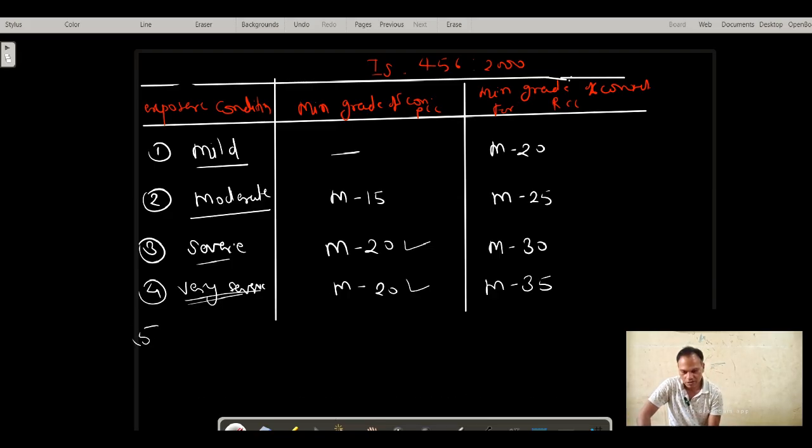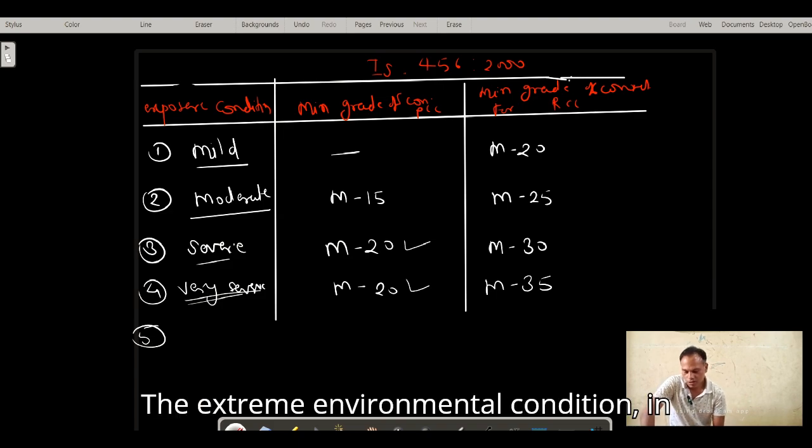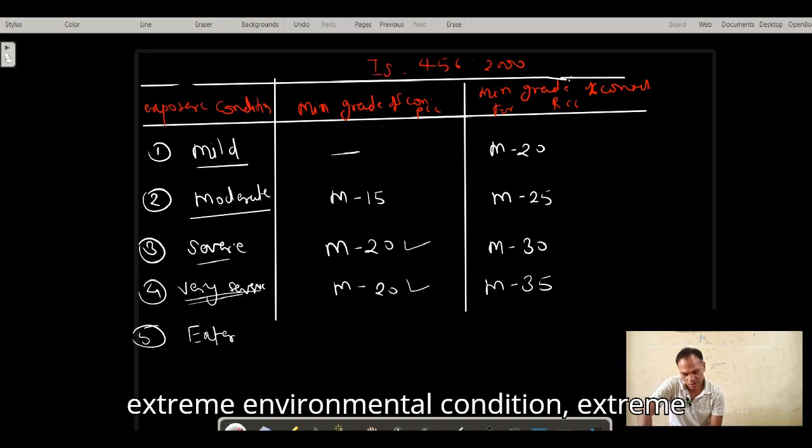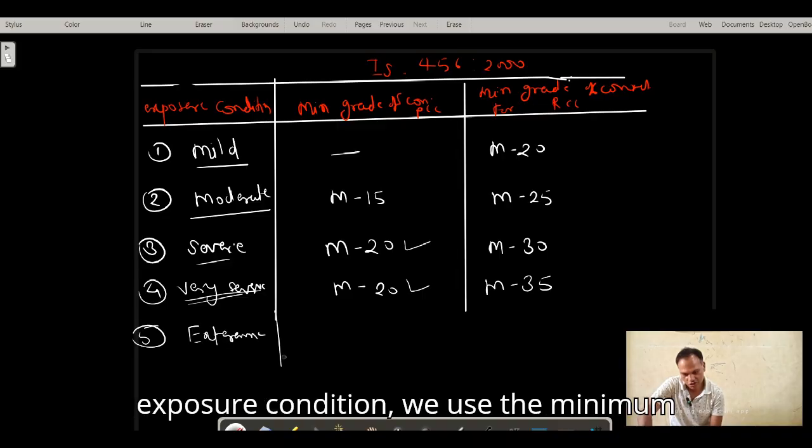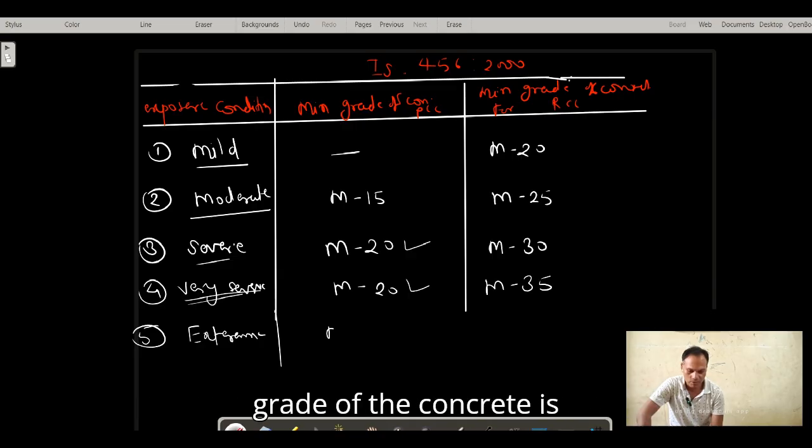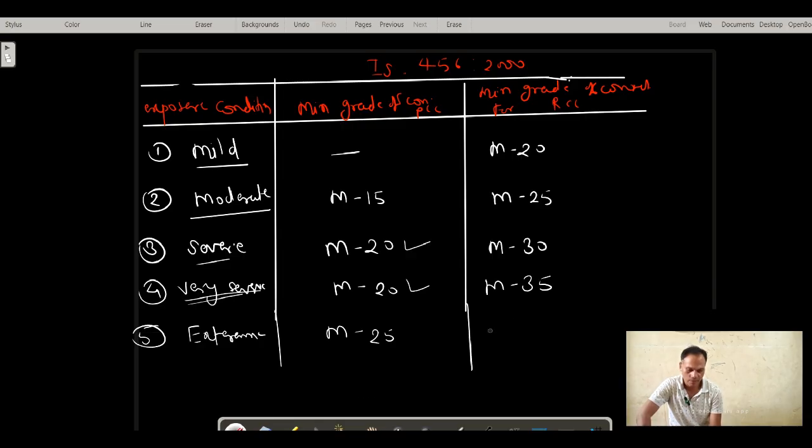Now the fifth one is the extreme environmental condition. In extreme exposure condition, the minimum grade of the concrete is M25 for the PCC and M40 for the RCC.